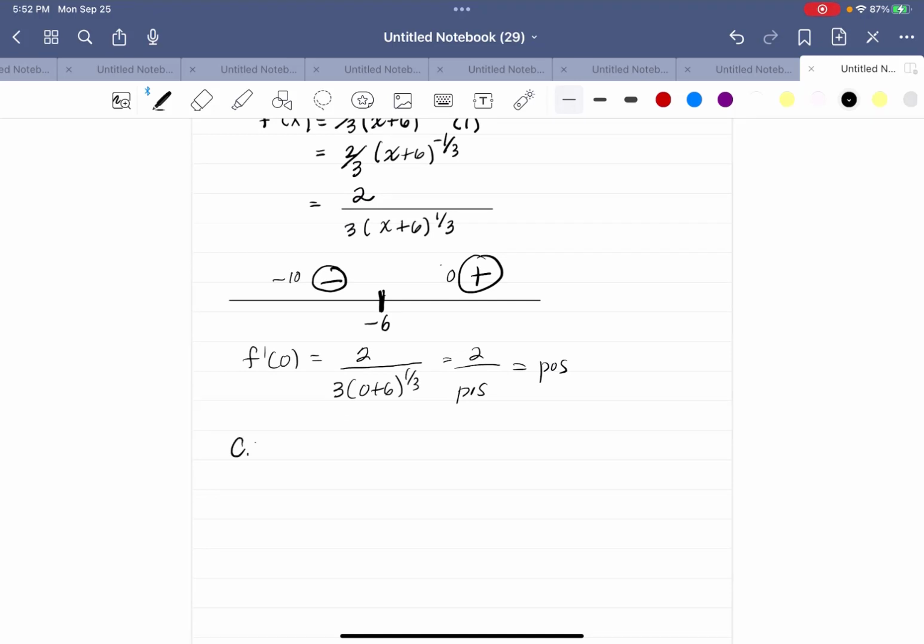So our critical number was x equals negative 6, and our function is increasing where the derivative is positive, so that's from negative 6 to infinity, and it's decreasing where our derivative is negative, so that's negative infinity to negative 6.